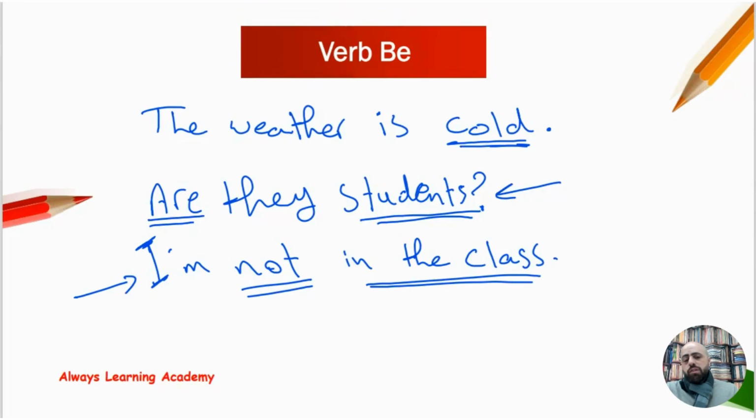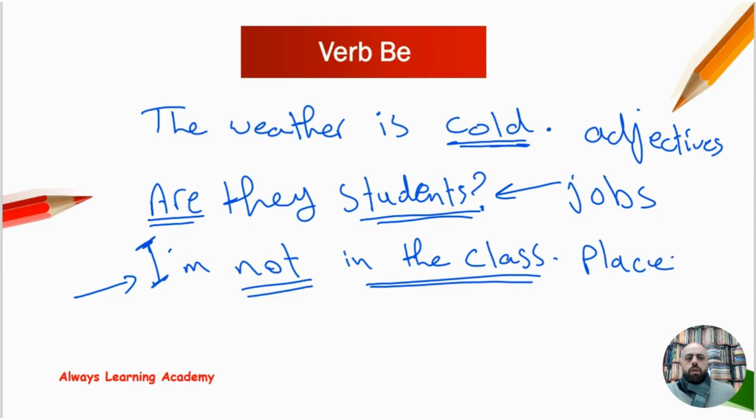So please pay attention to these cases: adjectives, jobs, or places. Of course, we have other cases like when we talk about names, sometimes about prices, and so on. But those are the main three situations. When we have them, we use verb be as the main verb. We don't need a helper, or we don't need do or does to make negative or questions.